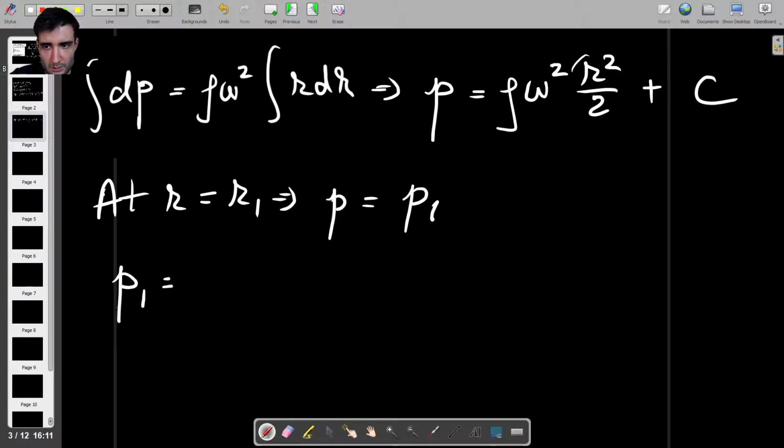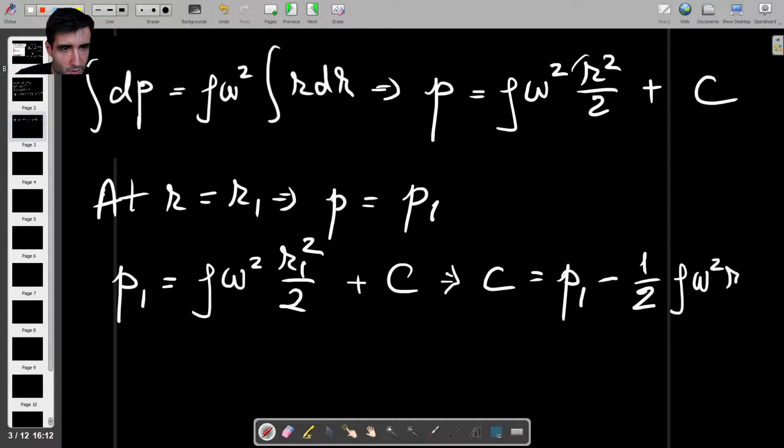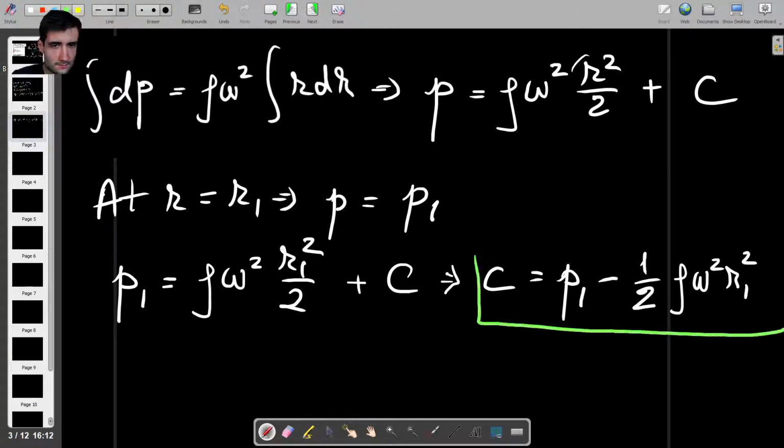So we have P1 equals rho omega squared r1 squared over 2 plus C, which gives us C, essentially. So we know everything. Well, we don't actually know omega, but we can find the integration constant now. So that's minus a half rho omega squared r1 squared.